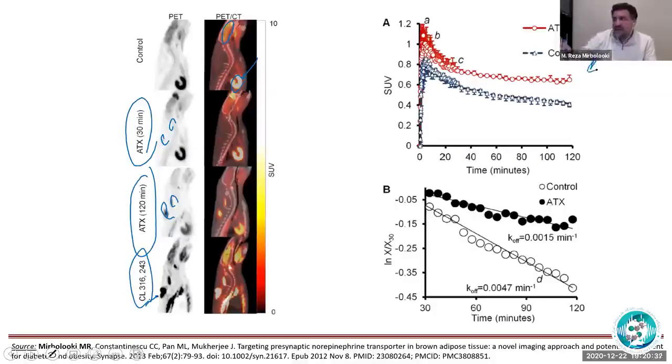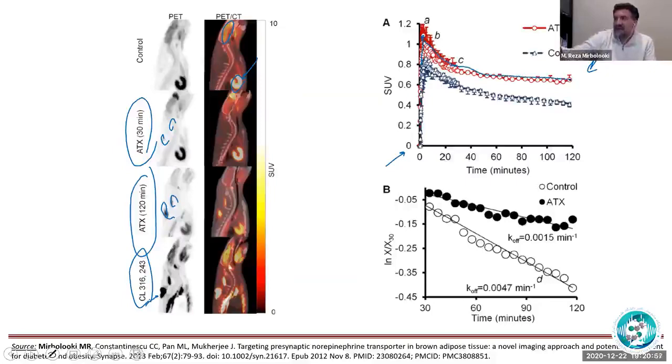So basically we ran the PET for two hours, and we injected after we started the PET scan. F18-FDG was injected at this point. And we saw that in the group with atomoxetine, the uptake is really fast even at the beginning, and it remains higher. So the clearance will be lower as compared to the control group.